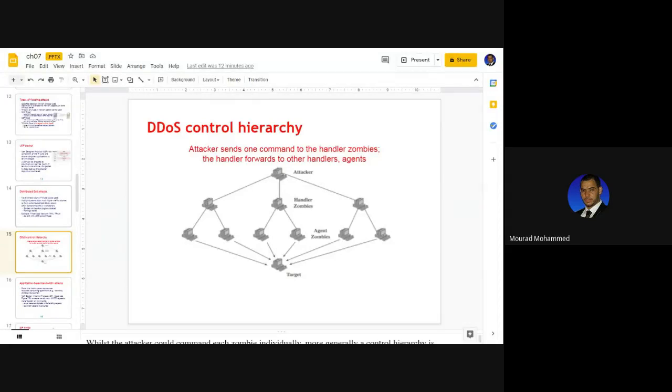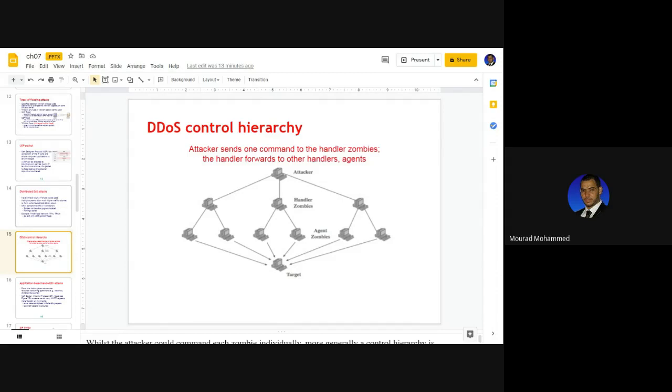From the same scenario, we talk about the distributed DOS attack, in which we see one attacker, one destination or one victim, and a list of compromised devices, which is given the name botnet, made up of a list of zombies.